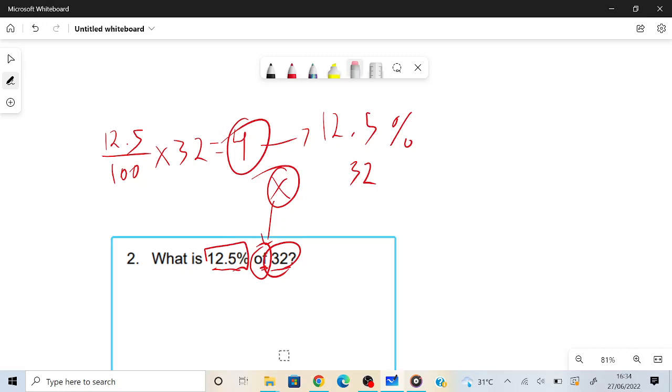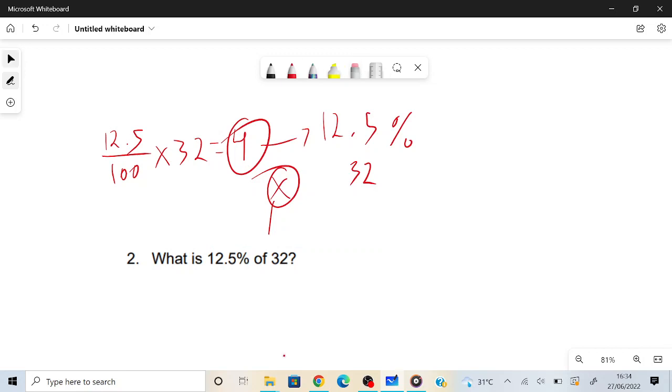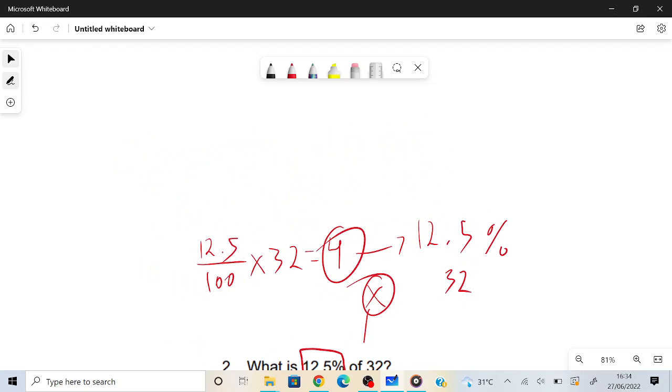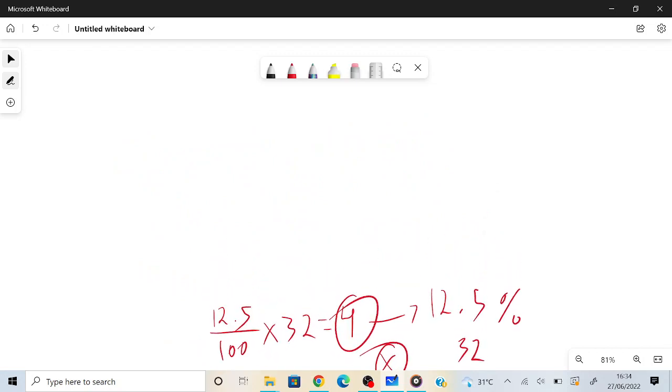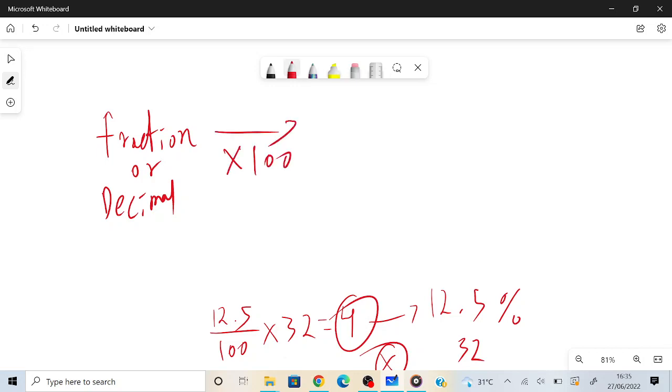Now I'll explain this again. Let's just clear this a bit. It's a bit messy here. Okay. Now, first things first, when you see a question like this, the letter of, you're immediately timesing it. Now 12.5%, you simply take this over 100. We all know the ground rules of percentages. You know that if you have a fraction or a decimal, to convert it into a percentage, you simply times it by 100.